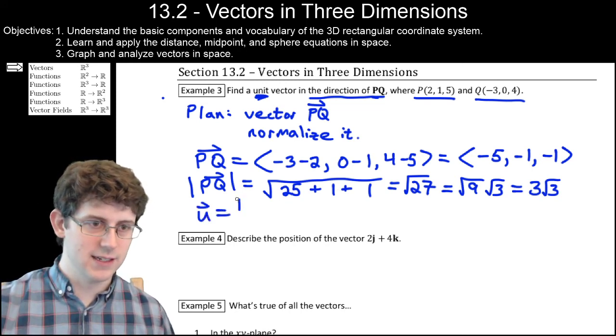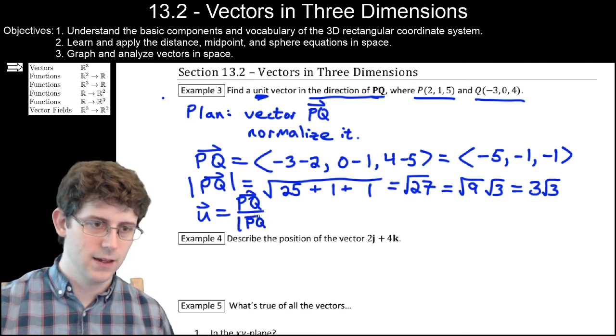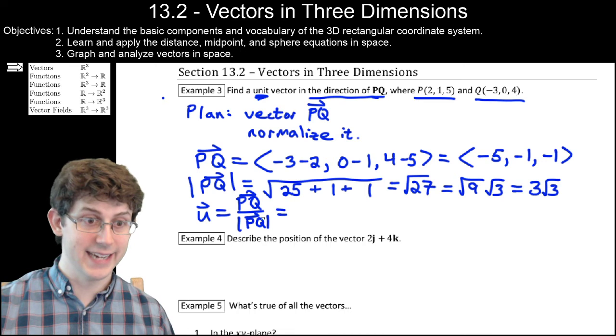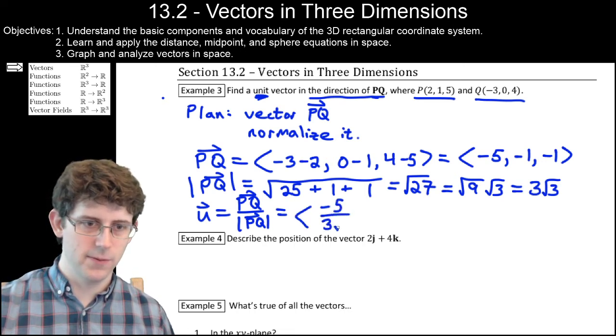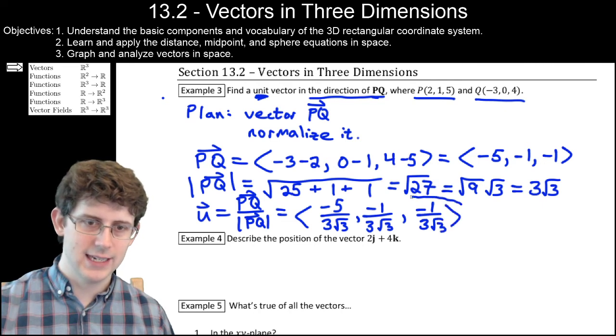Our unit vector is our old vector divided by its own magnitude. It's scaled down. And when we scale it down, we'll get -5 over 3 root 3, -1 over 3 root 3, and -1 over 3 root 3. We've scaled down this vector so that it's a unit vector.